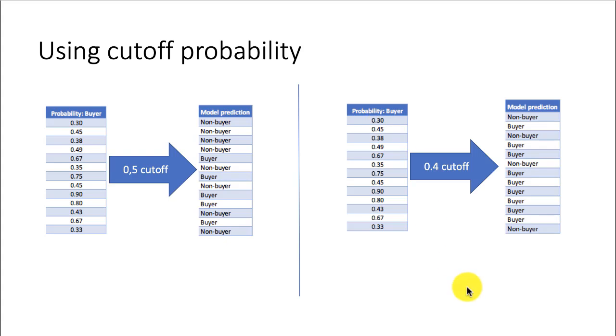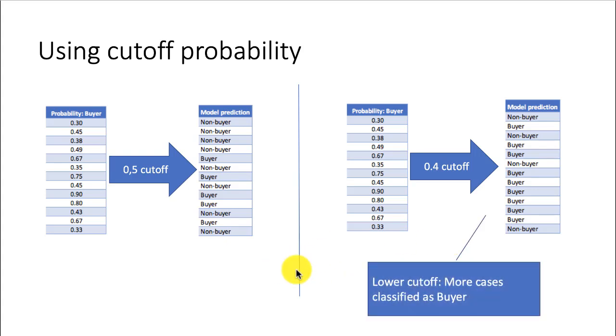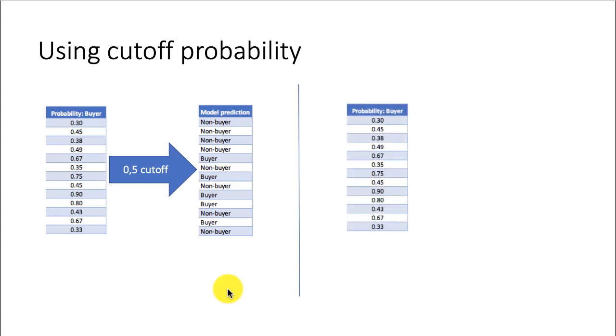And of course, if we increase the cutoff, then we are being more stringent in accepting somebody as a buyer, so you'll have fewer buyers than was otherwise possible. Okay, so if you lower the cutoff, you expect more of the cases for which you're applying the cutoff, and if you increase it, you'll expect fewer. Here is a case where we are using a 0.7 cutoff, which is higher than 0.5.